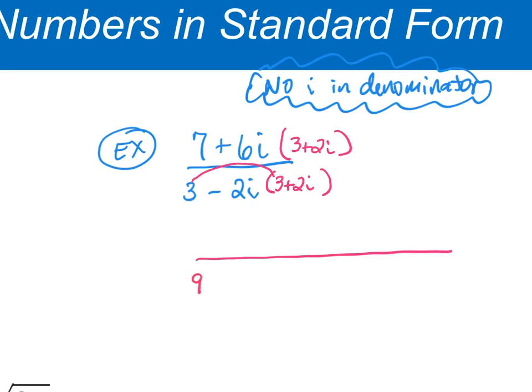What is 3 times 2i? 6i. What's negative 2i times 3? Negative 6i. What's negative 2i and negative 2i? Negative 4i squared. Yep. I see i squared. What do I do? Cross it out, make it negative 1, change the sign.